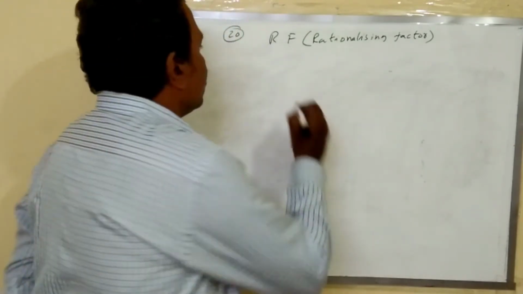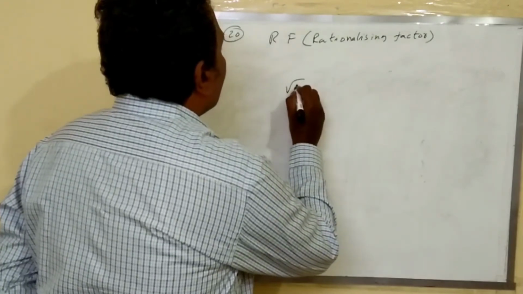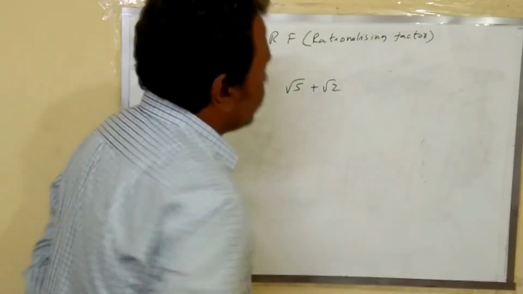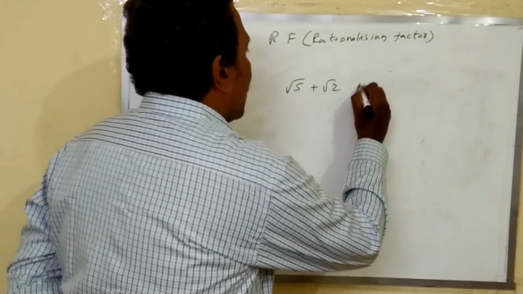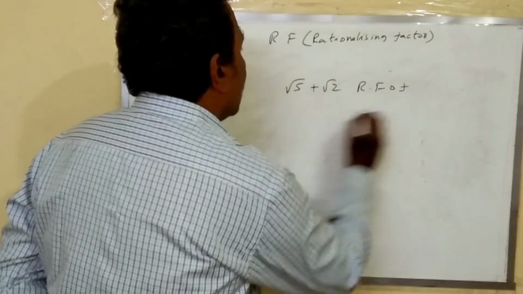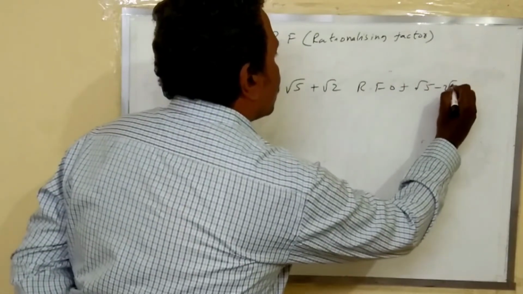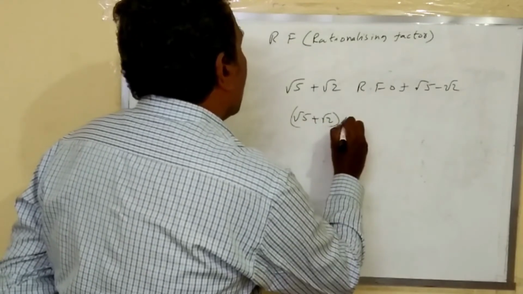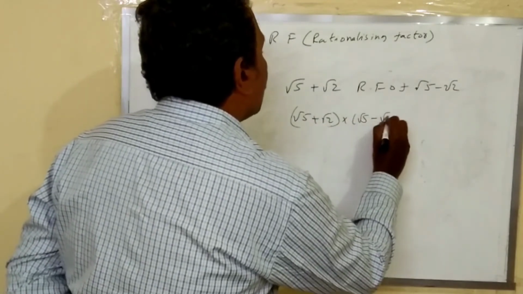And one more thing, what is the RF of root 5 plus root 2? The RF of root 5 plus root 2 is root 5 minus root 2. Why? Root 5 plus root 2 into root 5 minus root 2.